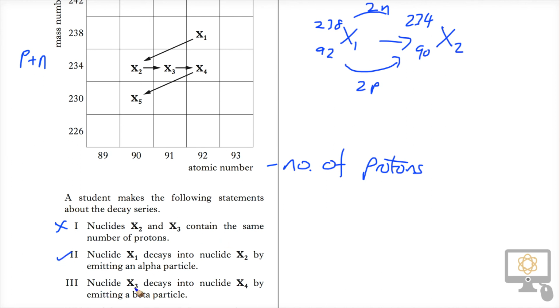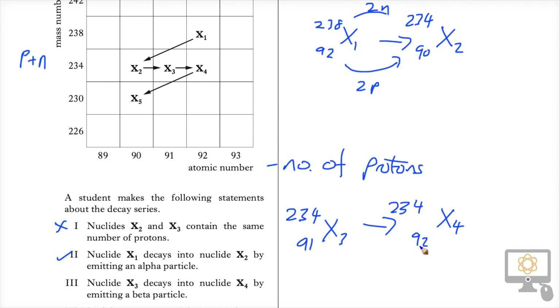And statement 3: the nuclide x3 decays into x4 by emitting a beta particle. So I'll write this down here. x3 has an atomic number of 91 and a mass number of 234, and that decays into x4, which has an atomic number 1 bigger and a mass number which is still 234.